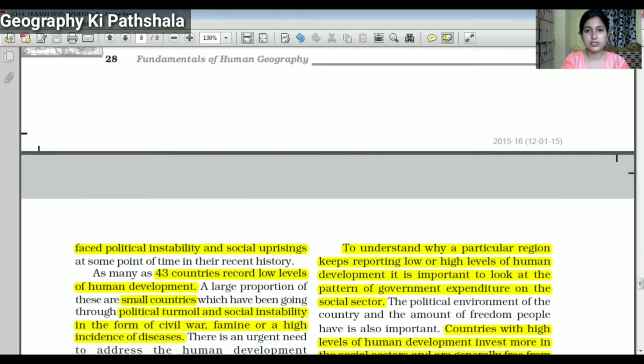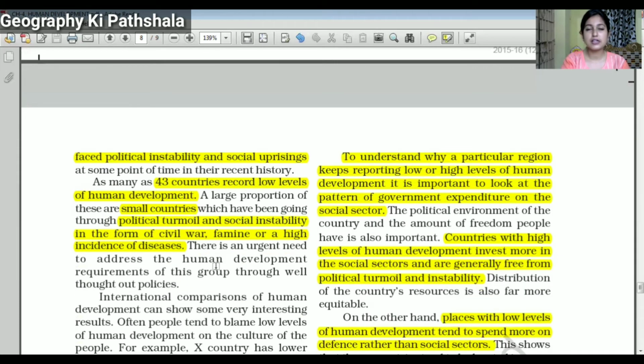human development score. And next what comes is the low level of HDI, and over here the number of countries is 43. And basically in these countries you'll see that these are all small countries where political unrest is going on, or any kind of social instability is there, or it's a kind of civil war, or it can be in terms of famine, or any kind of disease also.